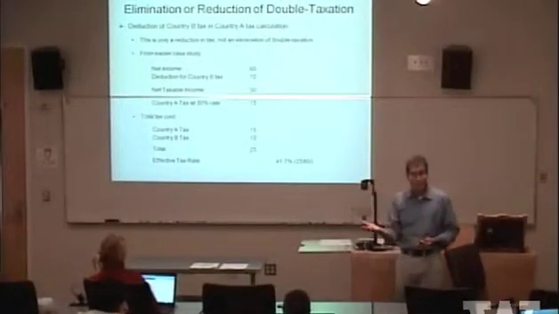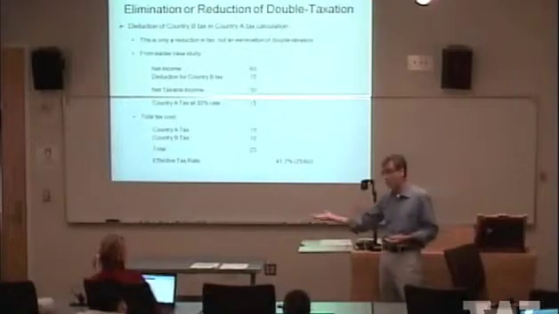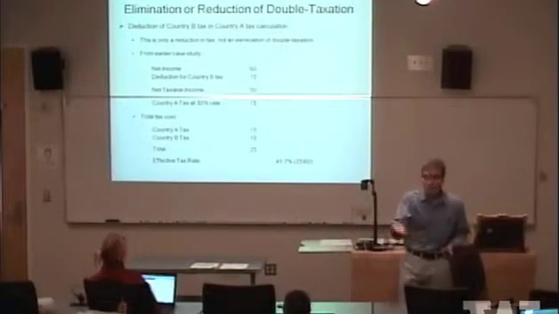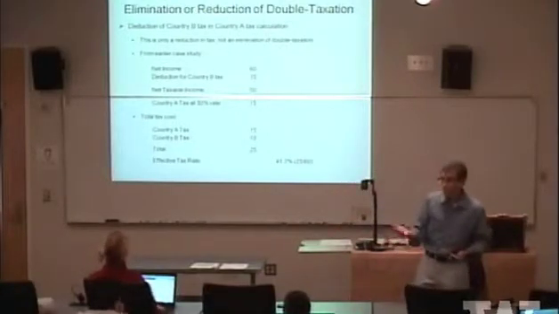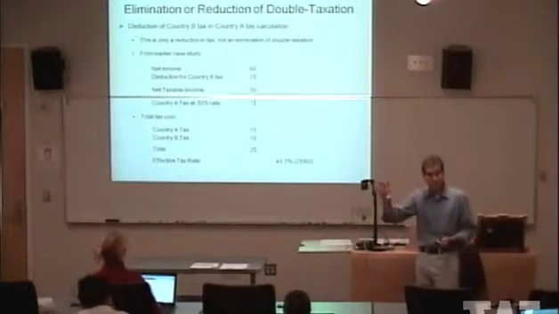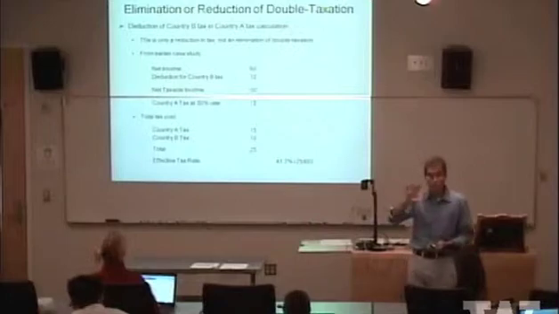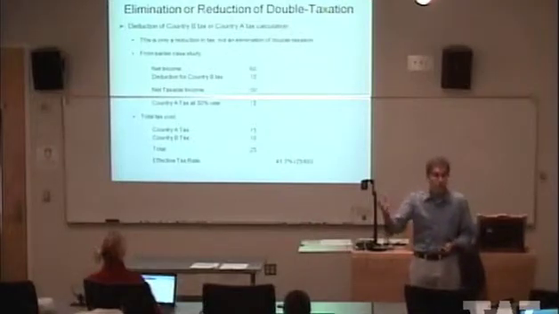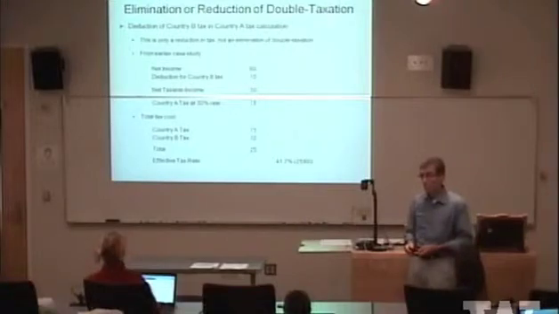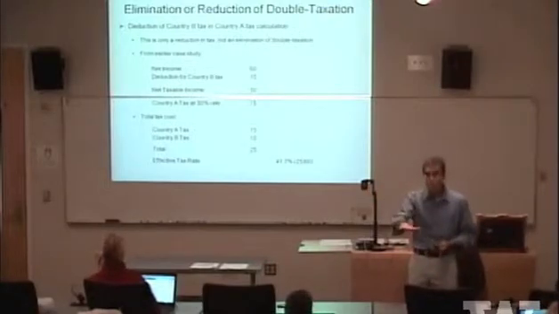So the benefit of a tax deduction, whether it's tax, whether it's salary, whether it's rental, whatever it is, the benefit of a tax deduction is no more than the percentage tax rate times the amount of the deduction. So this is not eliminating double taxation. It's just reducing the amount of double taxation.